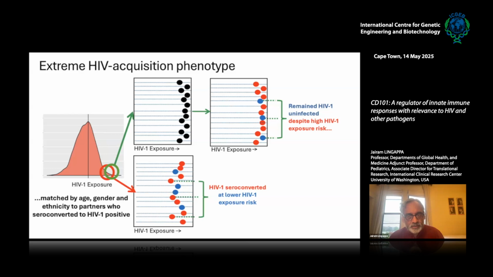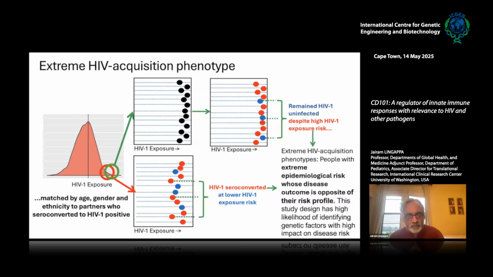And putting these two groups together, we could develop an extreme HIV acquisition phenotype design where we were comparing people with extreme epidemiologic risk, namely both at very high exposure, where the outcome is the opposite of their risk profile, namely that the people who remained HIV uninfected at high exposure risk versus people who did seroconvert at lower exposure risk.